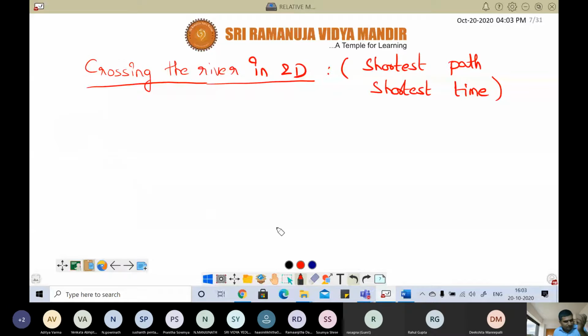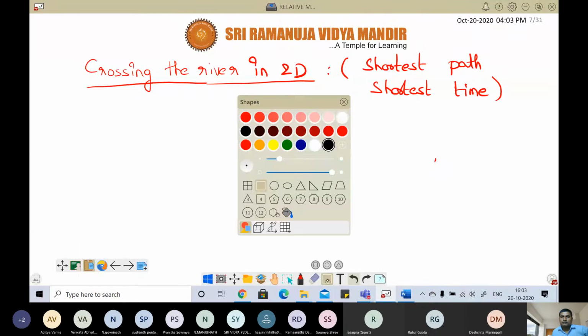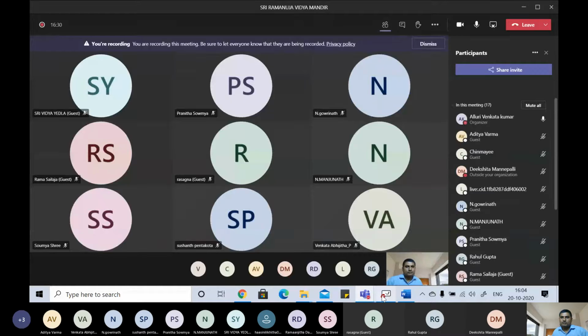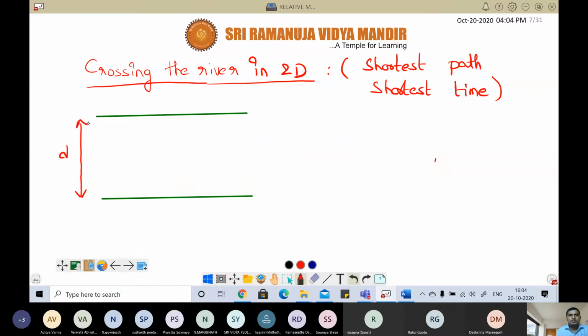Now suppose let us say we take a river of width D. There is a river flow.